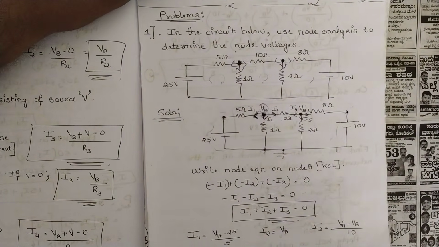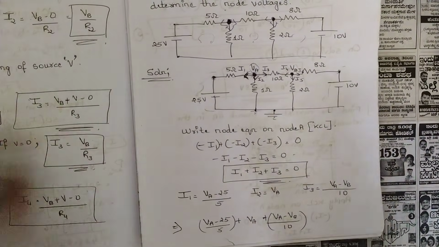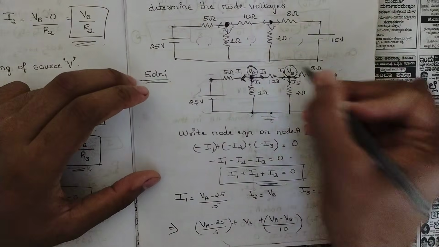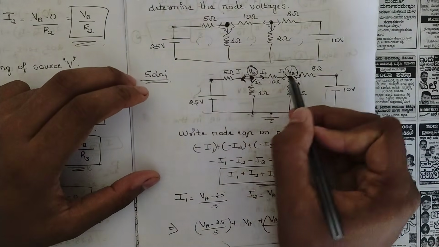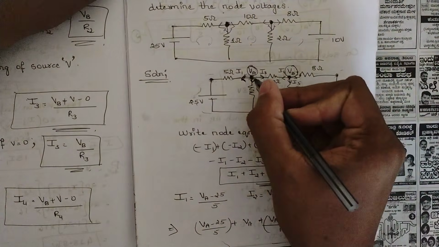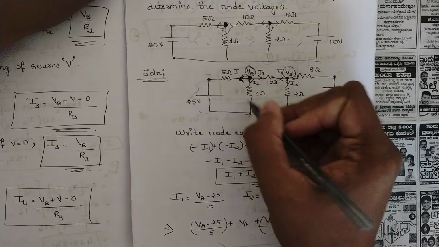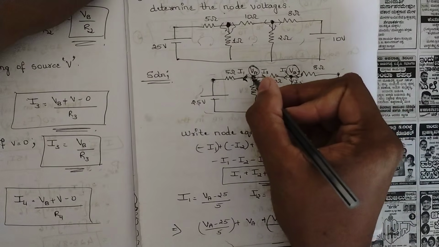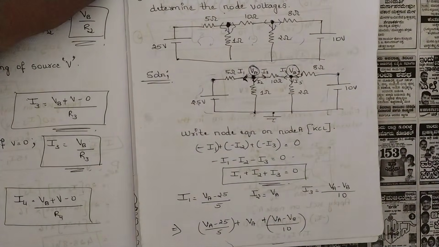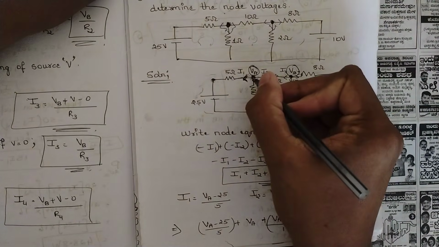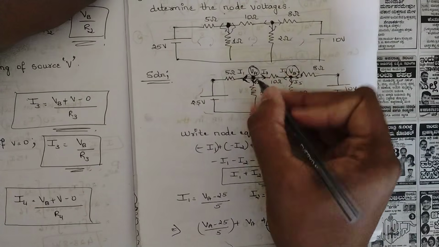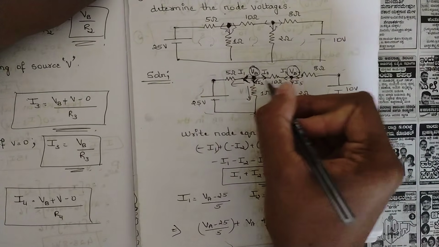So now here is the solution. Name these two nodes with any two values. In this case I have named them VA and VB. From this node we have three branches, so we should name the three branch currents as well. Starting from this node, all three branches would be moving outwards, in this direction, this direction, this direction.